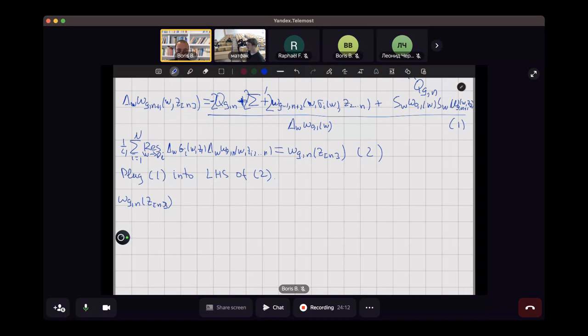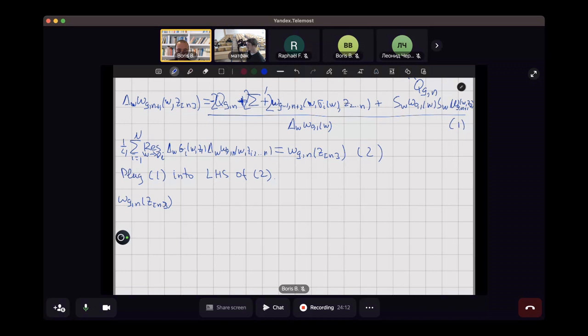So what remains to do is we should understand that all the last two summands disappear, by red lines or something like that. Okay, so we should understand that these guys disappear. Yeah.